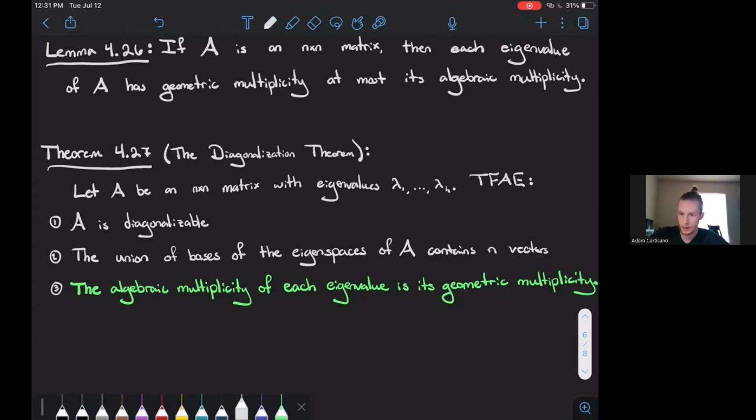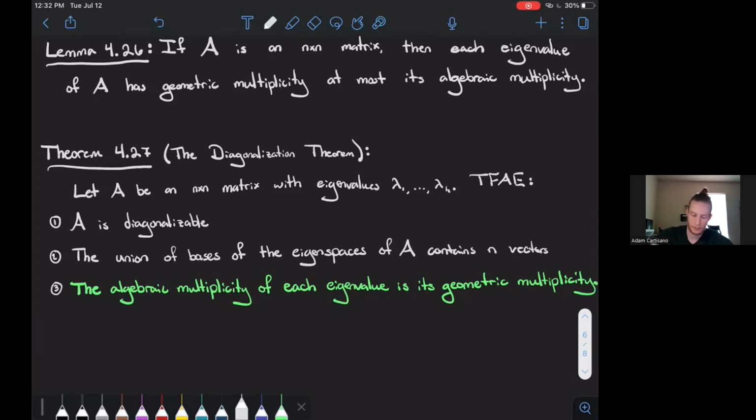But those 2 conditions are both equivalent, amazingly, to the condition that the algebraic and geometric multiplicities of every single eigenvalue line up perfectly. If that's the case, then you're guaranteed to have a diagonalizable matrix, right?